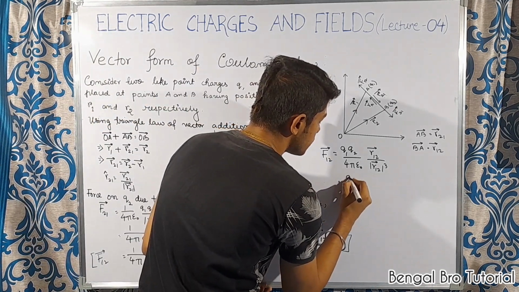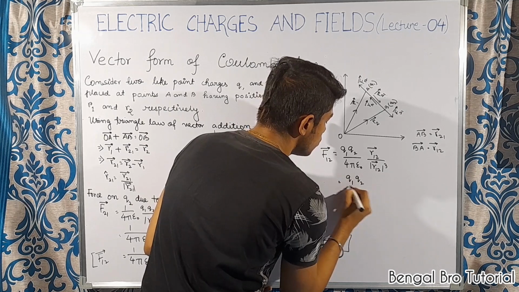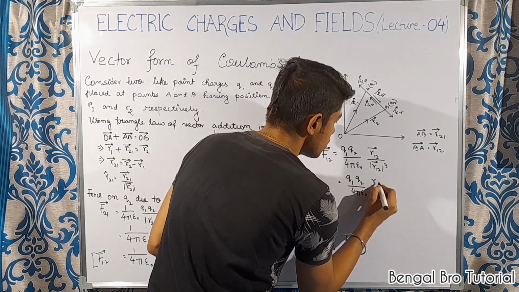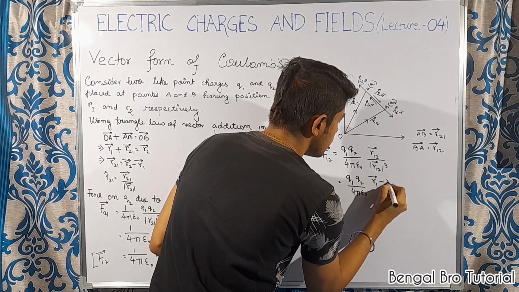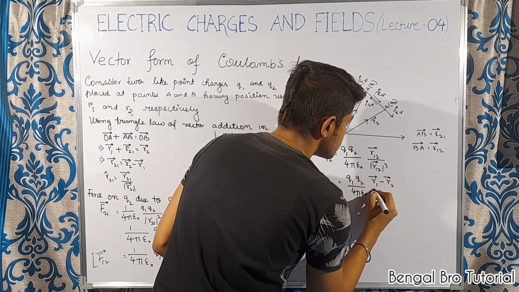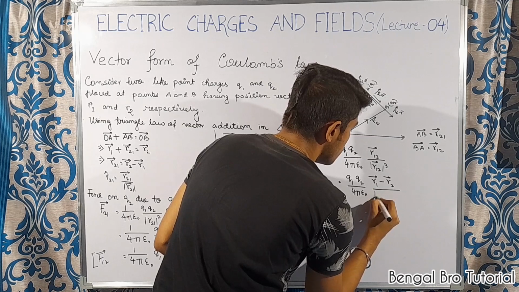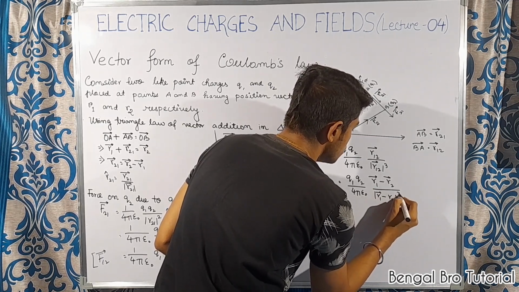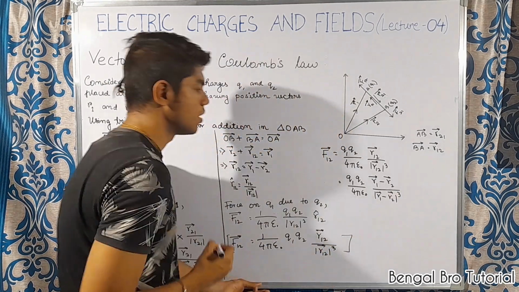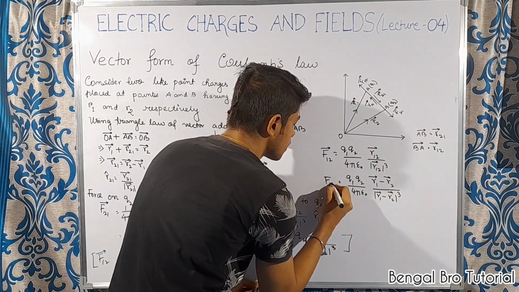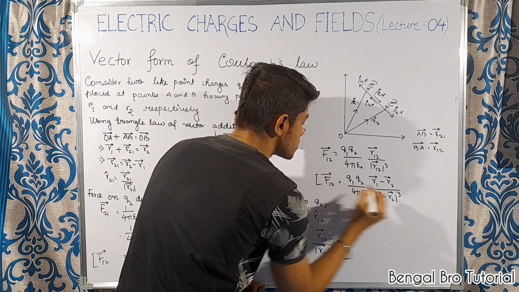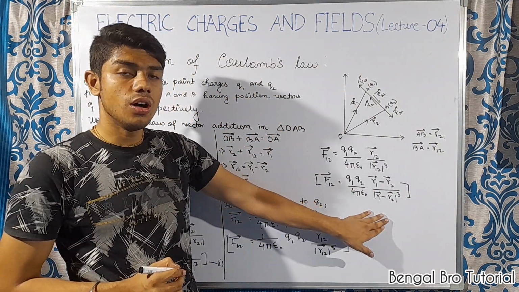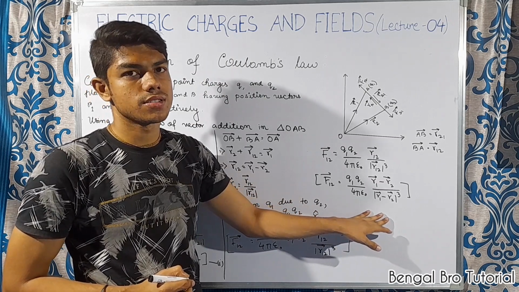Then what you will get? q1 q2 by 4 pi epsilon naught, r1 vector minus r2 vector by mod of r1 minus r2 whole cube. So this is the expression for the vector form of Coulomb's law in terms of position vectors.